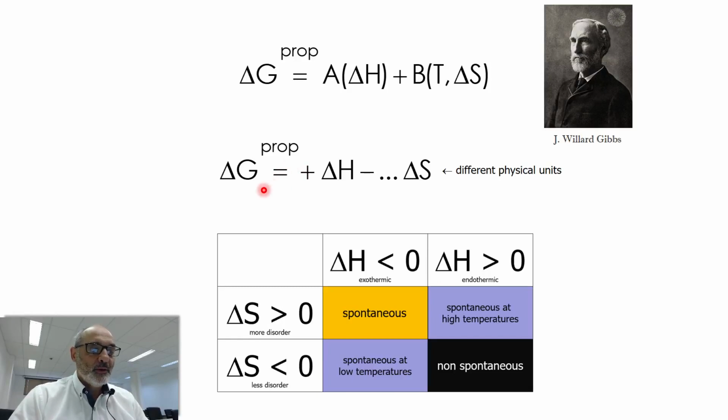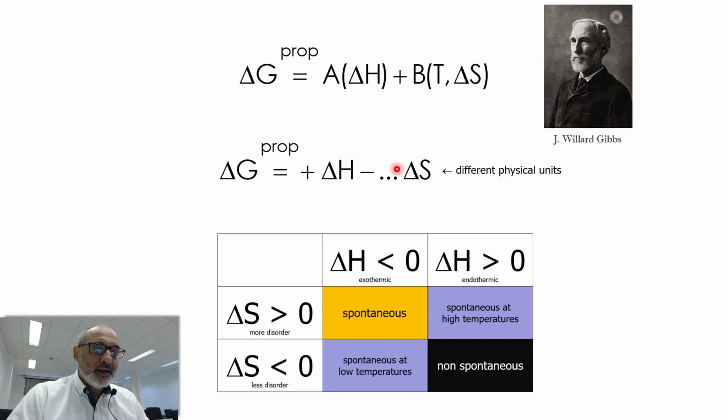Delta G, or spontaneity variable, is proportional to plus delta H, and also proportional to minus delta S.